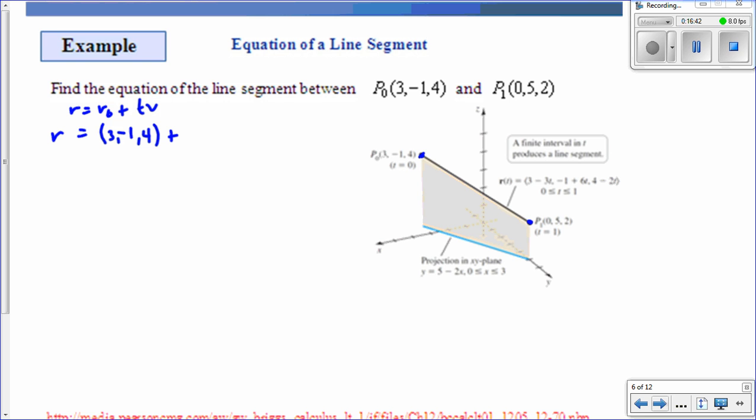I need a direction vector. The vector v we'll get by subtracting, just looking at the line segment, P₀P₁, the vector passing through those, will be (-3, 6, -2), just subtracting the components.